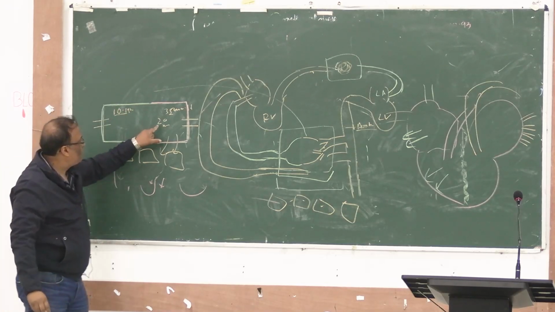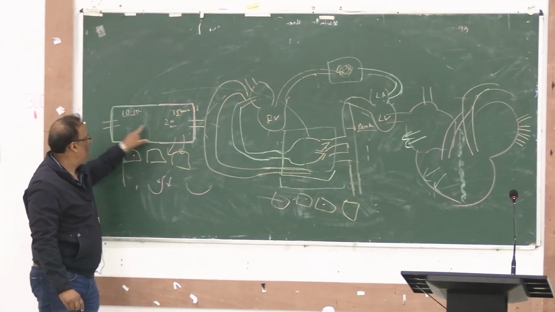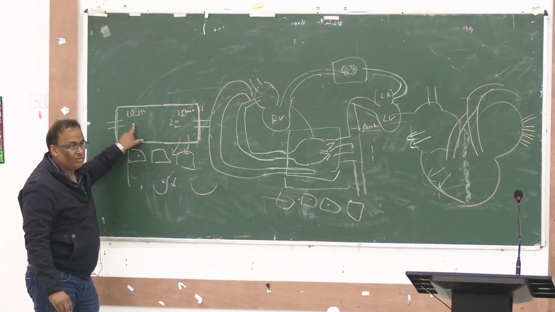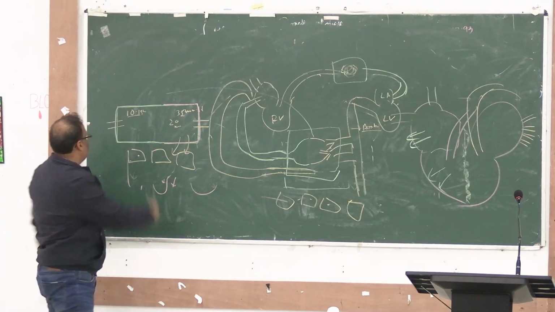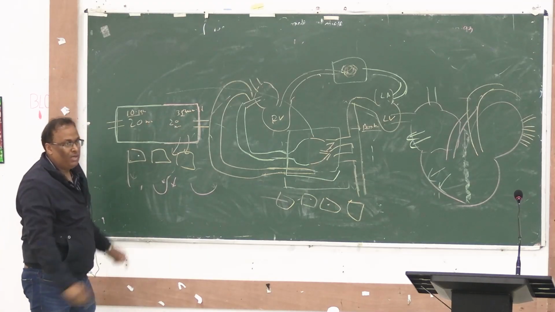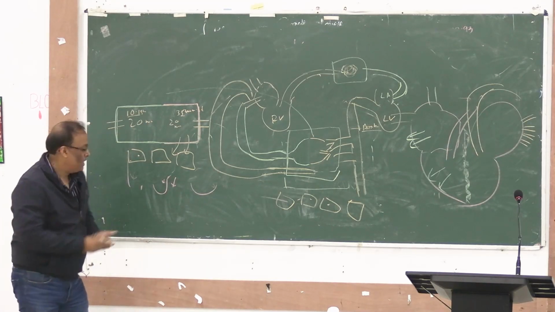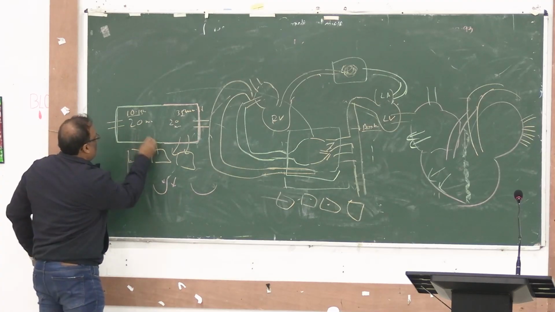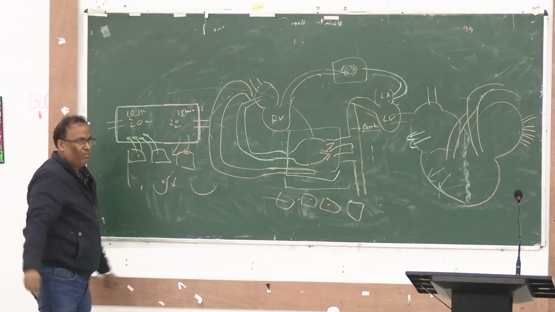And do you think the 20 millimeters of Hg oncotic pressure will remain the same? Nothing is leaving, so that will remain the same, 20. Now tell me, is that pushing or pulling? That is pulling. So the water will again go back in from here. So that's the beauty of the capillaries. Is it understood?